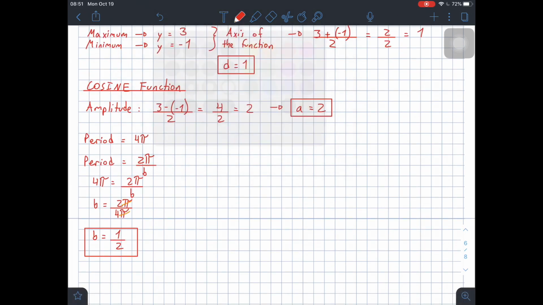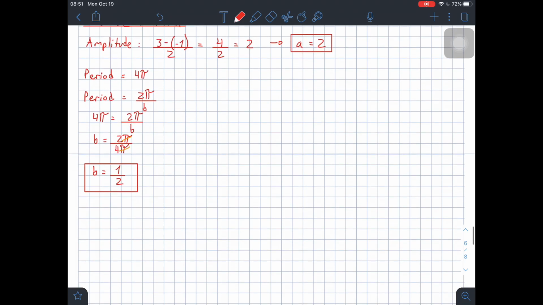So let me write this information down. We're going to say that the standard cosine function starts at its maximum. So c represents the horizontal translation, right?